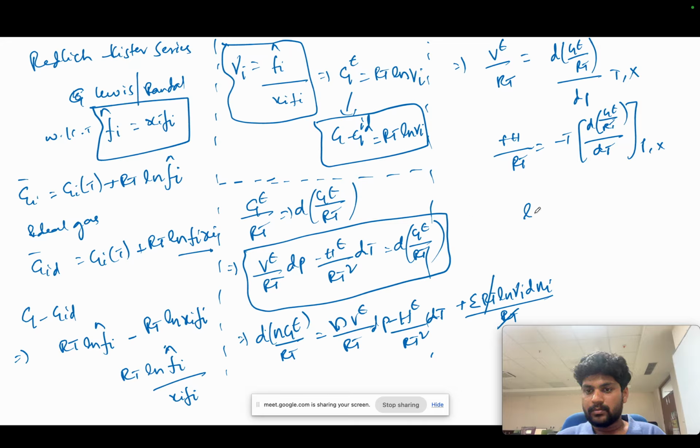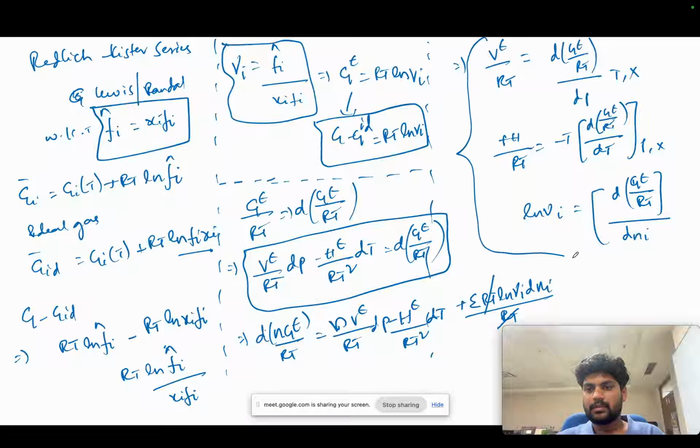Now ln I equals to. So you know these three equations, right? Any doubts in these three equations?